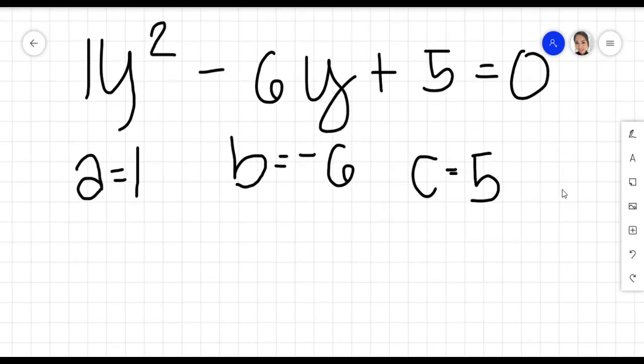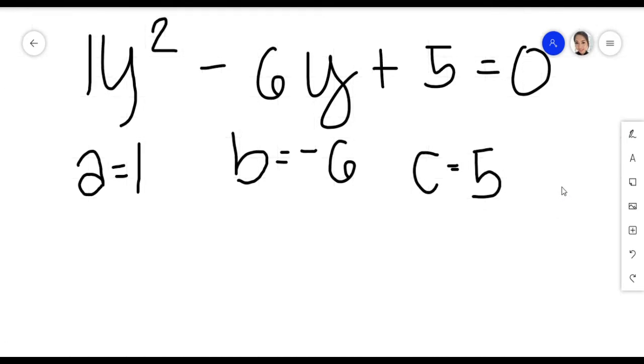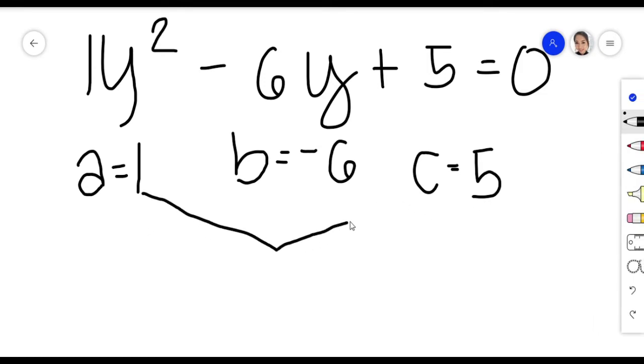Okay? So since we already identified our a, b, and c, what we will do is multiply our a and our c, which is 1 times 5. So multiply it. 1 times 5 is equivalent to 5. Okay?